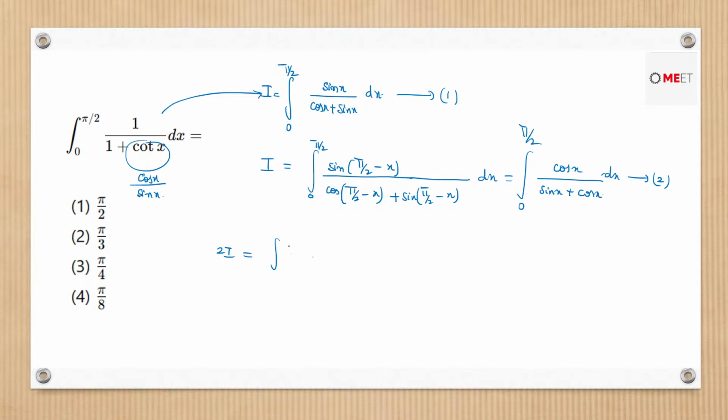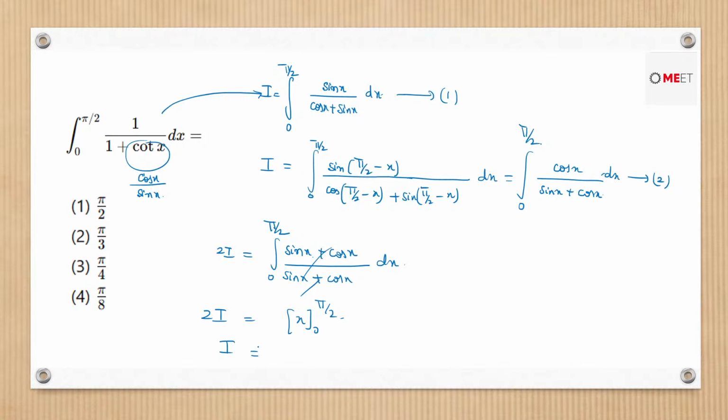So this becomes sin x plus cos x divided by sin x plus cos x into dx from 0 to pi by 2. In short, this becomes 1, and integration of 1 is x from 0 to pi by 2.